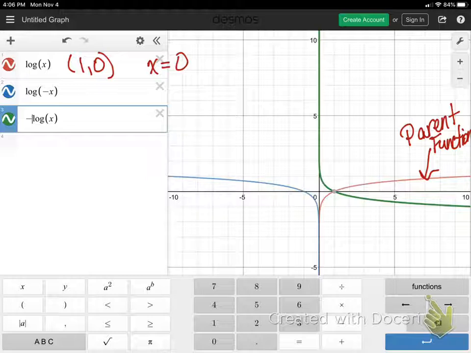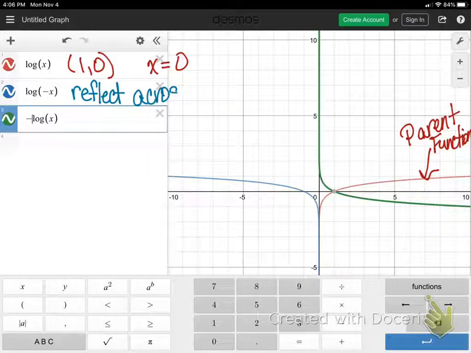It's with the x inside the parentheses. So this is when we reflect across the y-axis. The point to watch, what does it become?